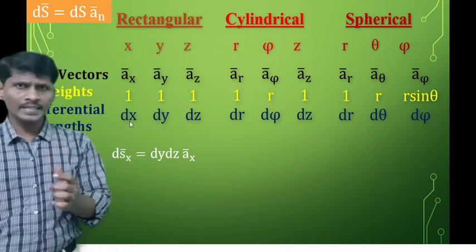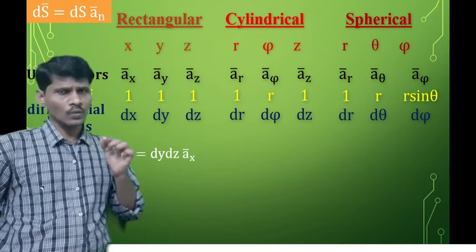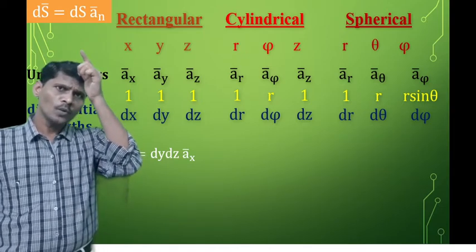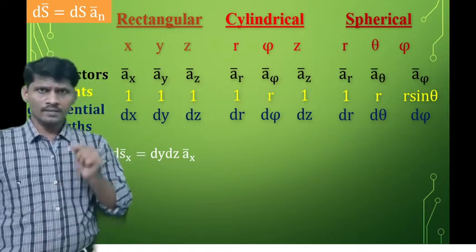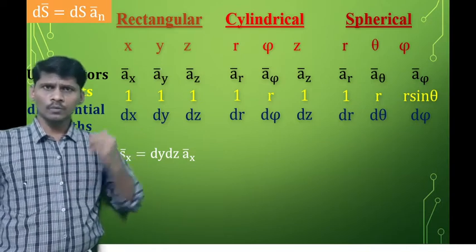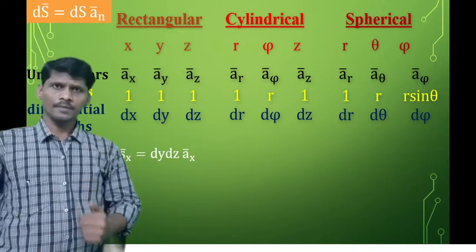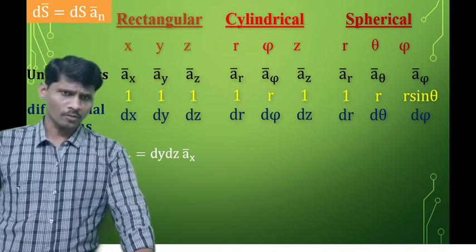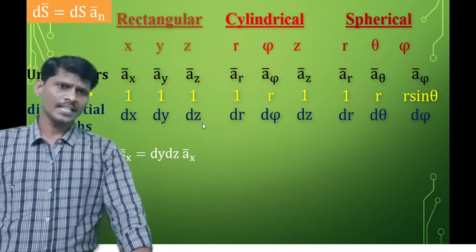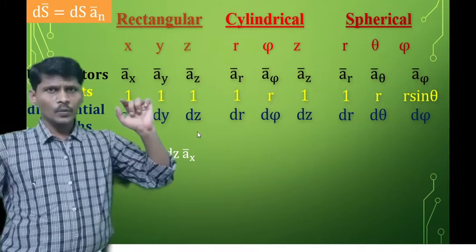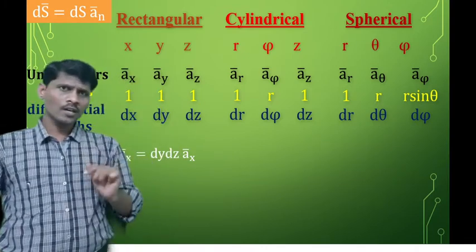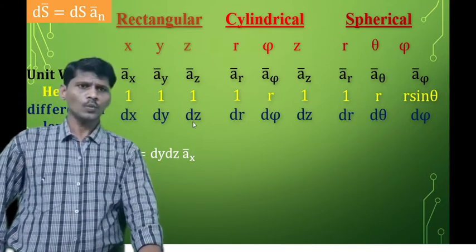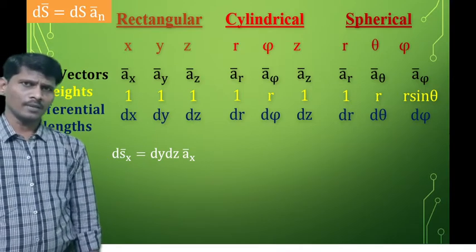Because we first calculate the differential vector surface area normal to x direction, so we remove the ax bar column elements and neglect 1 dx. The remaining elements are 1 dy, 1 dz. Therefore dSx bar is equal 1 dy into 1 dz into the normal to x direction unit vector, which is ax bar. So 1 dy into 1 dz into ax bar.